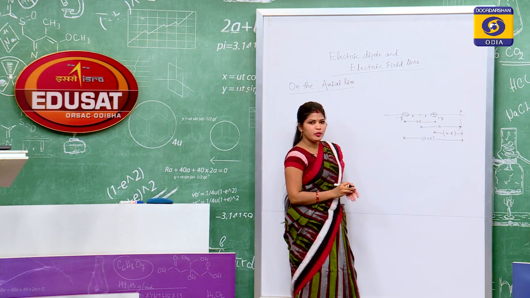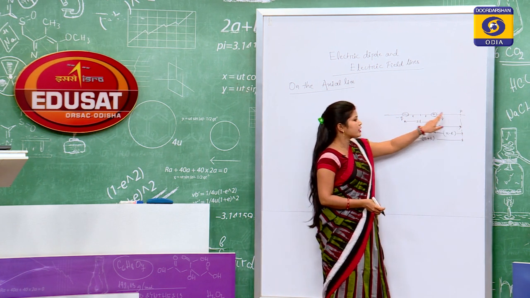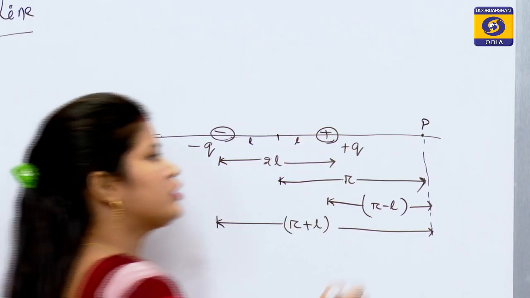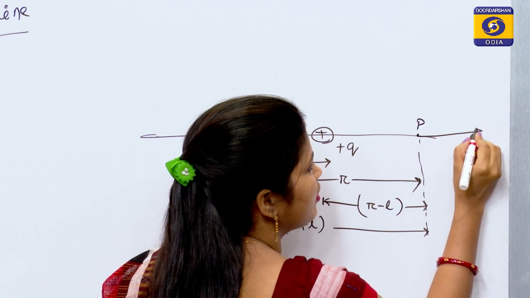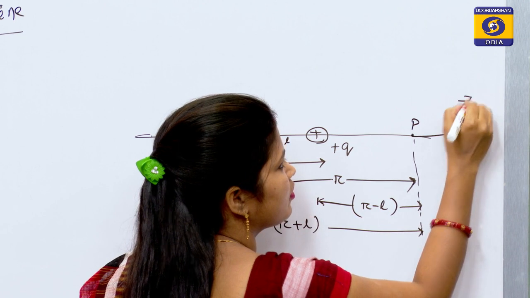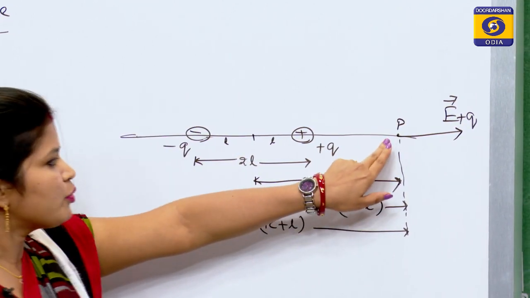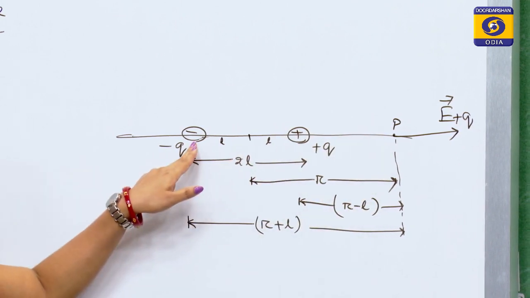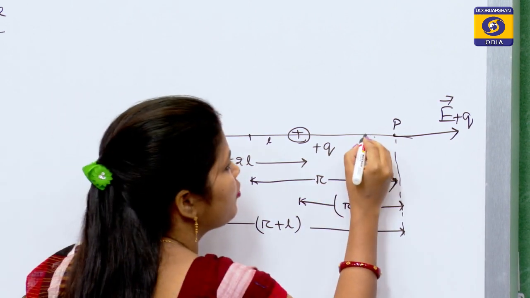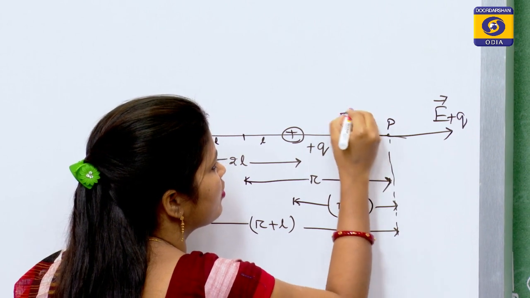Here let us imagine a test charge at point P. Then this test charge will experience a force of repulsion due to plus q charge. The direction of electric field intensity will be like this, that is E plus q. Then the test charge will experience a force of attraction due to negative charge minus q in the opposite direction, that is E minus q.